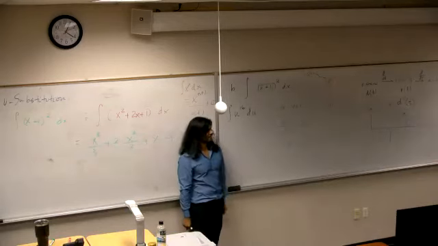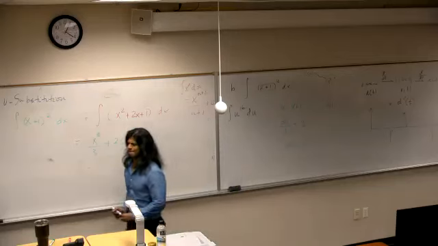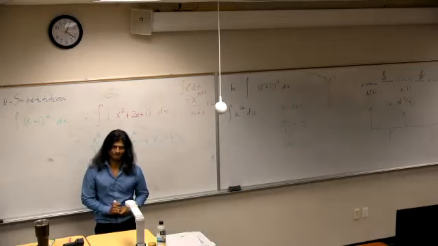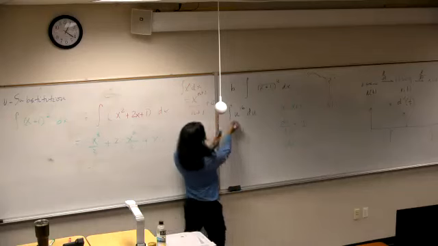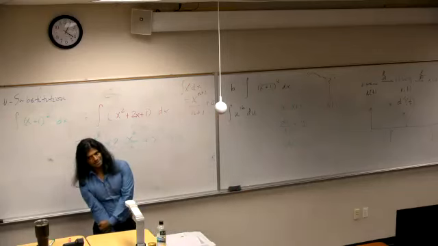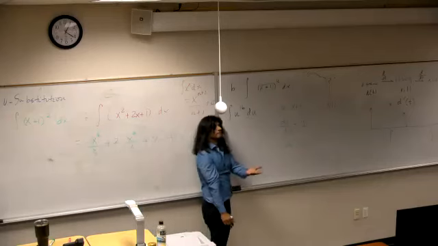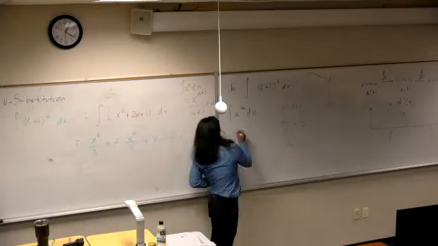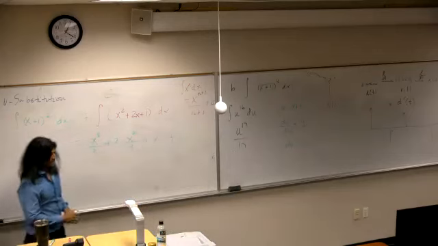That one is easy to integrate. What is the integral? Instead of x, I've got u. So the integral is u to the 17 over 17. u raised 17 over 17. n is 17.